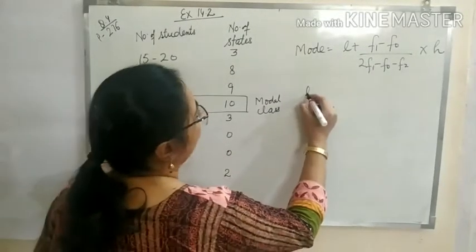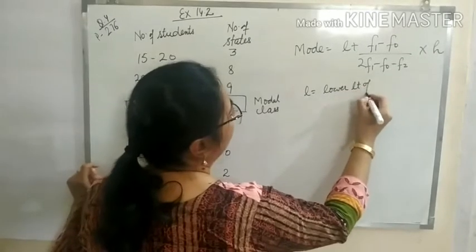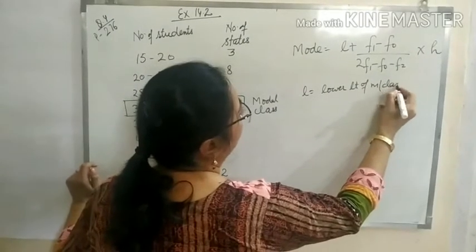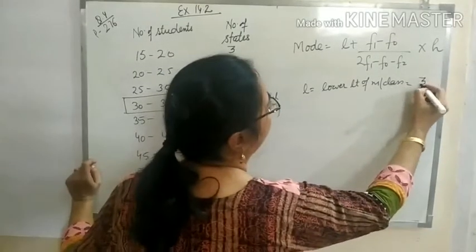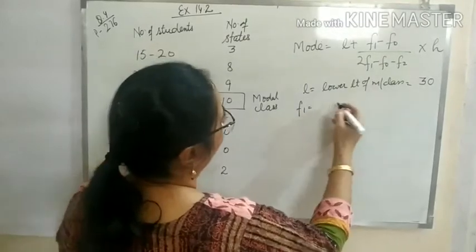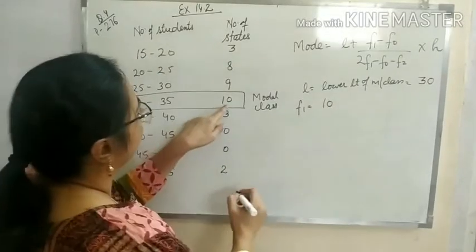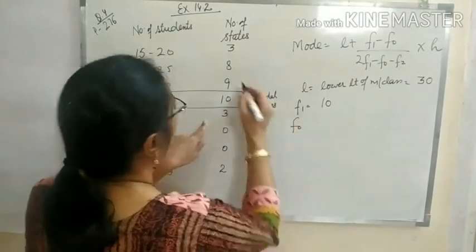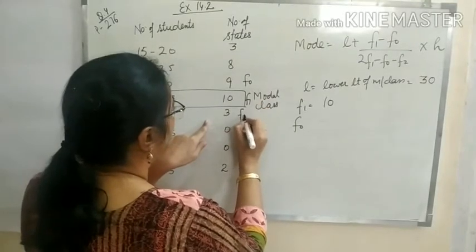So what is L here? Lower limit of the modal class. What is the modal class here? 30 to 35, so the lower limit is 30. F1 is the frequency of the modal class, that is 10. You can write it in the data also: F1, F0 and F2.